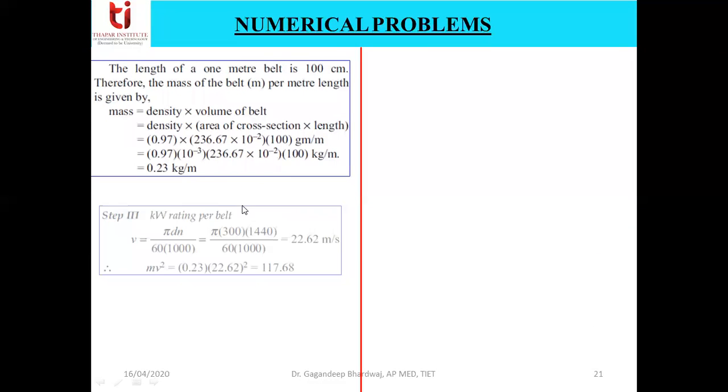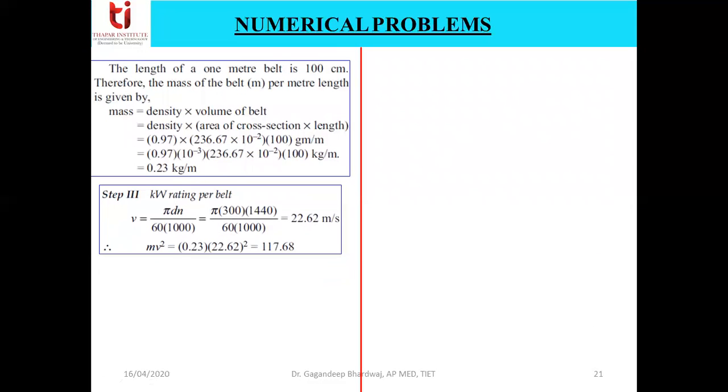Once you have calculated this, you can calculate V, which is pi d n by 60, the velocity of the belt, and then mv square. We have substituted the value of mv square in the ratio expression for driving tension in case of the V belt drive. We have already calculated the variable e raised to f alpha by sine theta by 2.